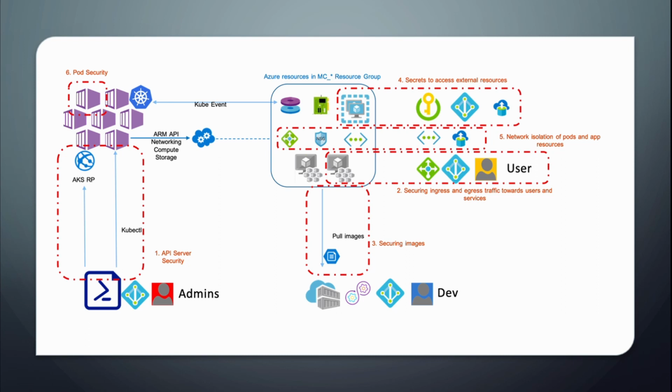For example, securing the API server authentication and authorization, securing ingress and egress traffic from and to your cluster, securing container images, securing secrets and connection strings in your applications, securing network isolation of pods and app resources, and finally, securing pods and pod capabilities. Now that we had a look at these key concepts, let's move on to AKS security in action.